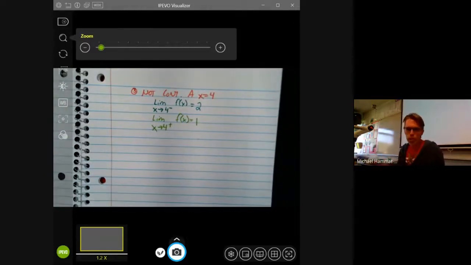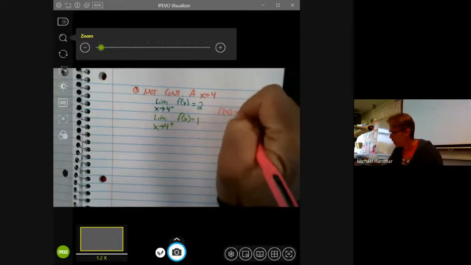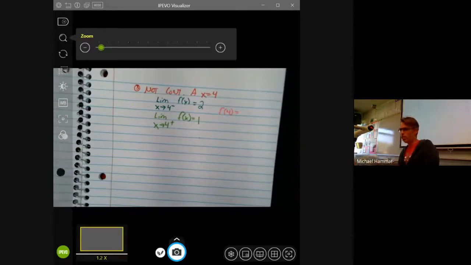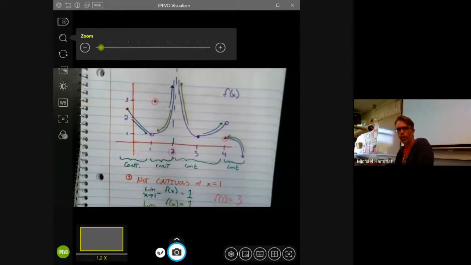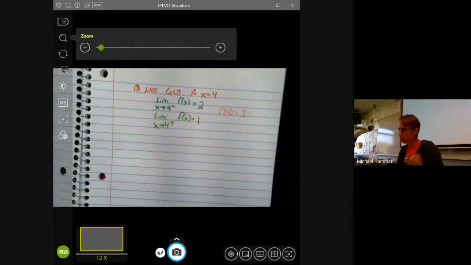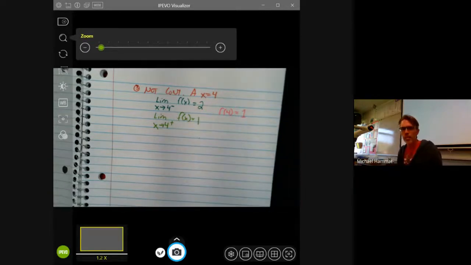Now, we do want to show all three parts, even though right now we can tell it's not continuous. Let's talk about f of 4. As we approach f of 4 here, your closed dot is at 1. So it is 1. So notice in this case, the limits are not equal.